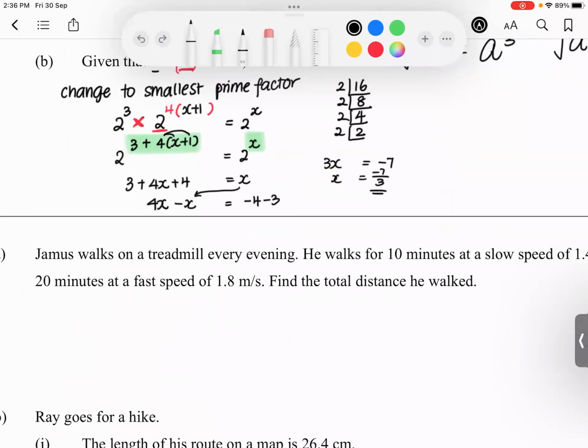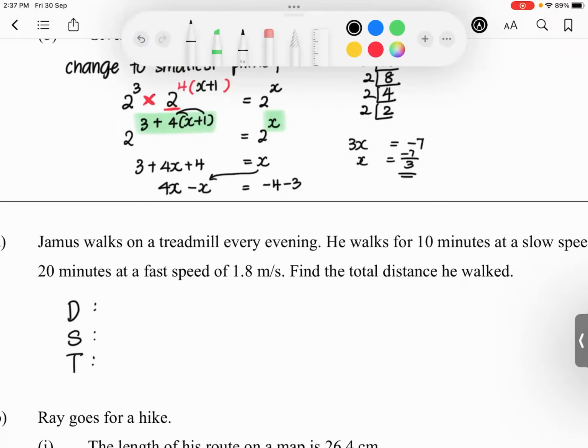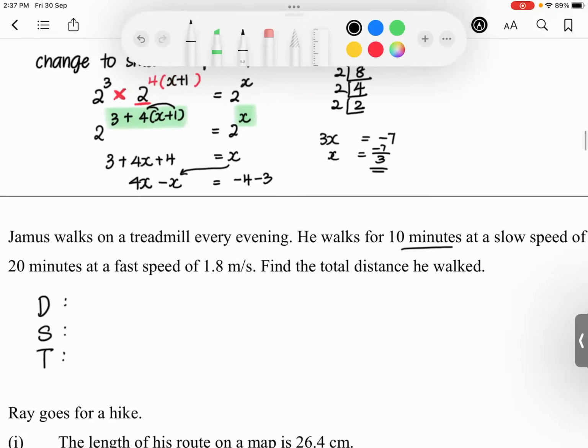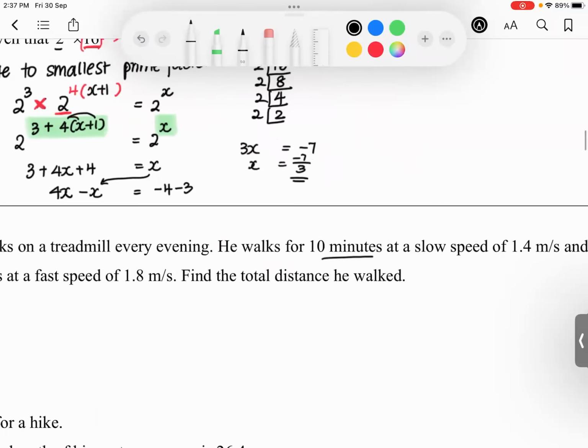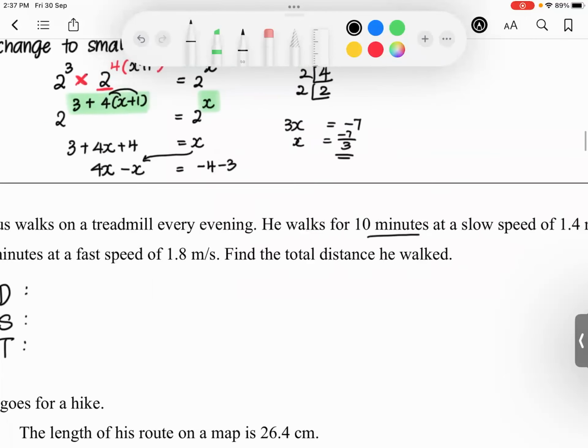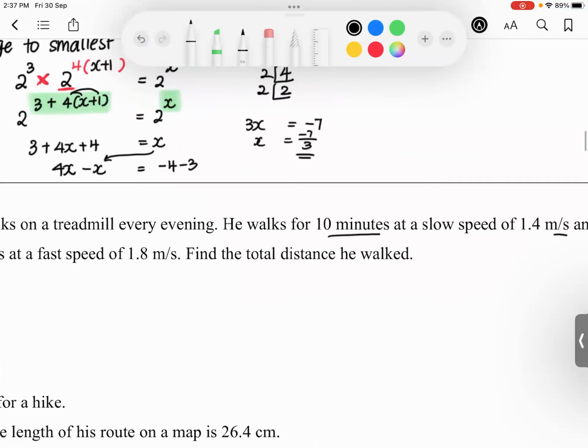When you see this kind of question, distance, speed, time, I will always put DST. James walked on a treadmill every evening. He walked for 10 minutes, but I have other things in terms of meters per second. So I need to change everything to seconds or everything to minutes.